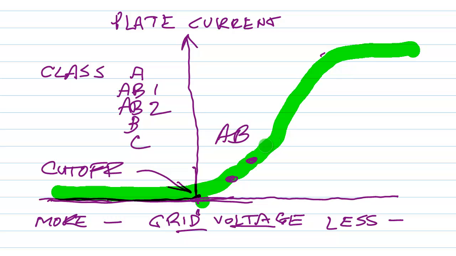When you apply an input signal to a class AB1 amplifier, the input signal takes the tube into the non-linear or curved part of this curve, so it takes it out of the straight line portion, but it doesn't take it all the way to cutoff at any point during the input cycle. In class AB2, more like down here at the lower point, the wave does go past cutoff for part of the cycle, but a good deal less than half of the cycle.